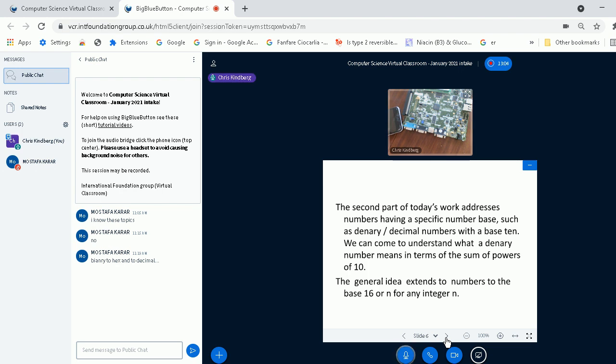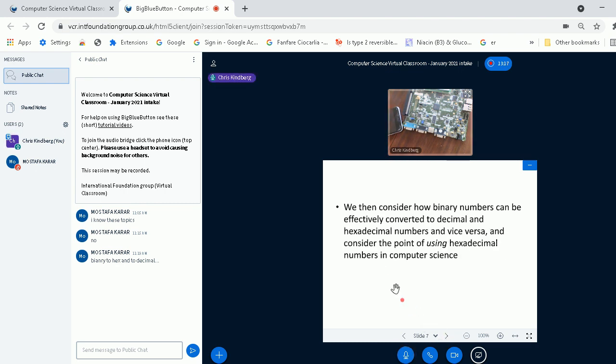And this general idea extends to numbers in any other base, like base 16, or any n where n is an integer. So it's quite important to understand that. And we then consider how binary numbers can be effectively converted to decimal, and hexadecimal numbers, and vice versa.